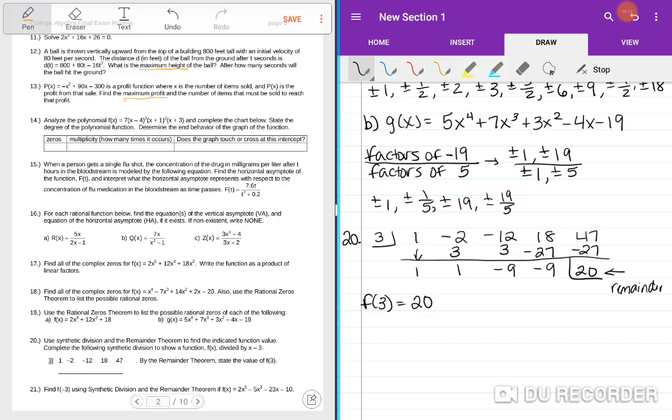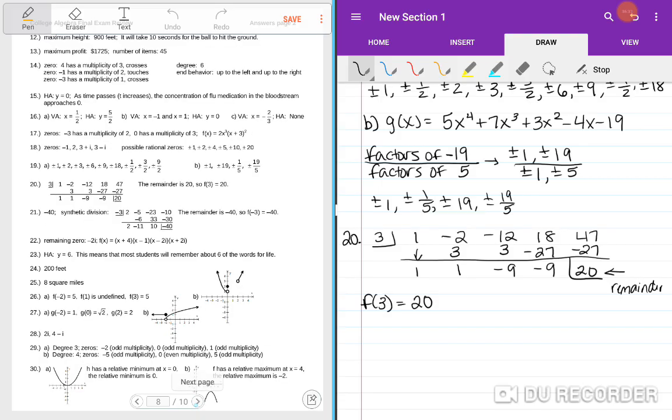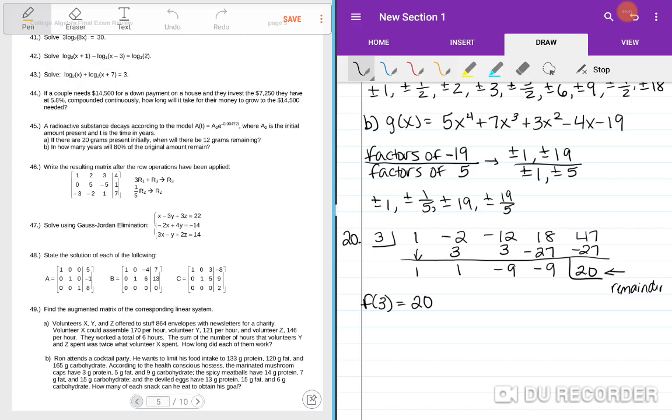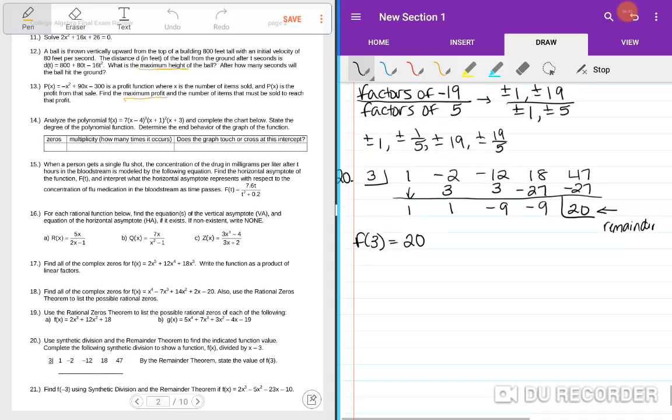Now I'm wondering if they want us to actually give the function here. Let me actually check number 20 on the answer key. Oh, no, that's all it asked for. Okay, so that's it.